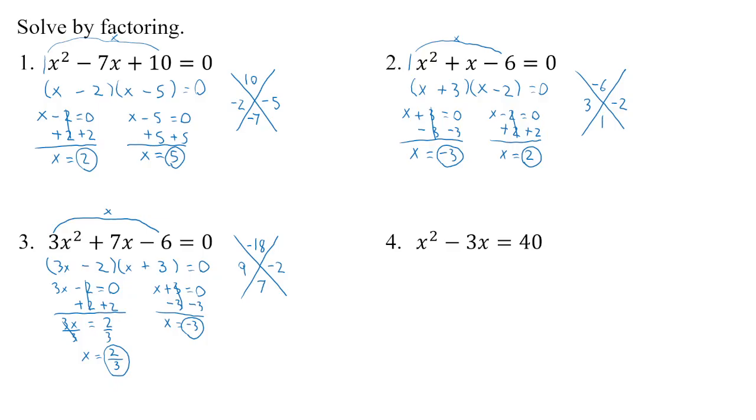Finally, on number 4, we have x squared minus 3x equal 40. Now, neither side of this equation is 0. Therefore, we need to make one side a 0. And to do that, we're going to subtract 40 from both sides.